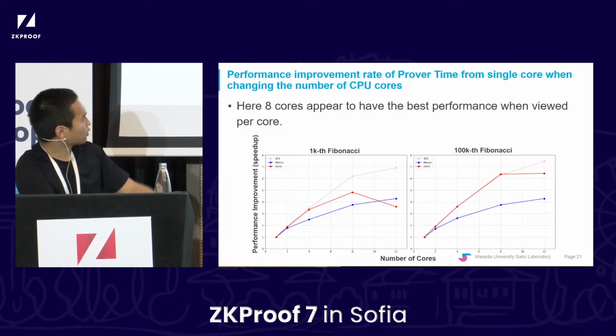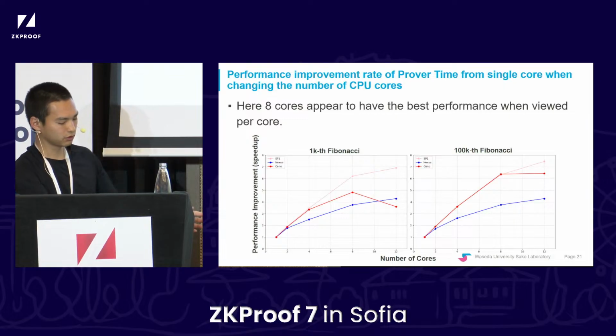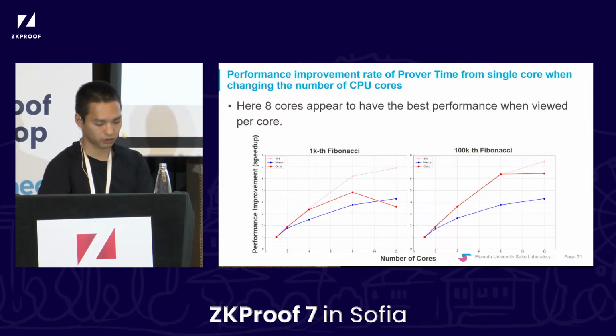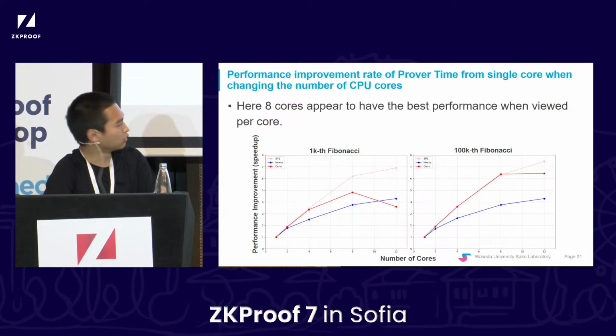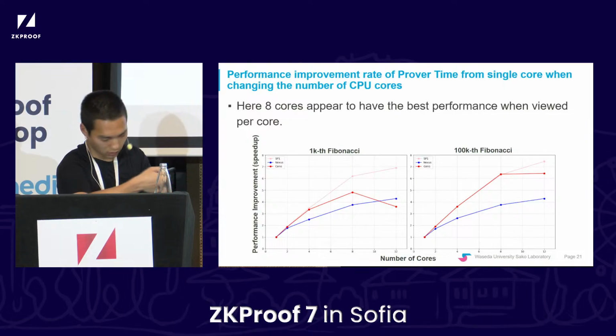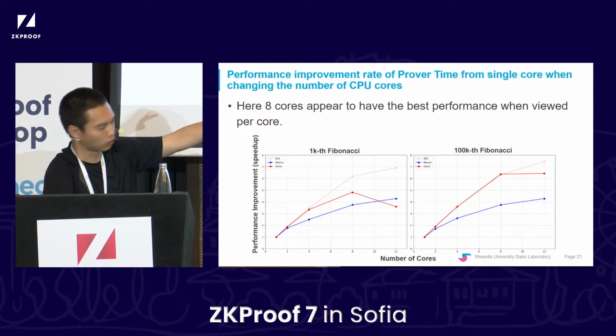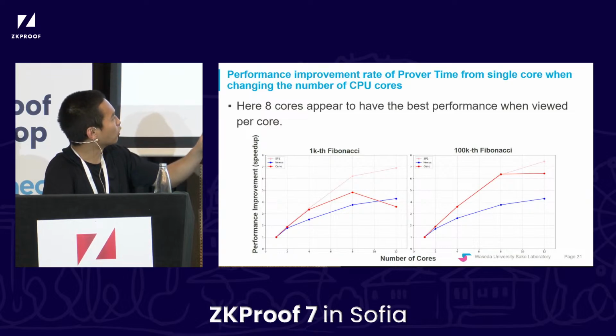Here we compare only SP1, Nexus, and Zeno. The comparisons for other projects remain for future work. We observed efficiency improvement of up to 8x, and larger programs appear to benefit more from increased core counts.